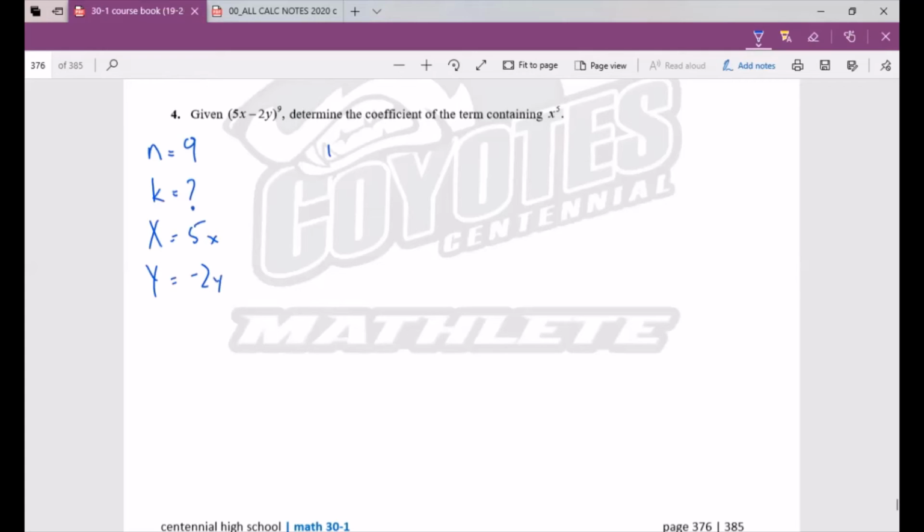If we start with our formula, T(k+1) is equal to nCk, X to the n minus k, Y to the k. N is 9, so this is 9Ck. We're going to leave it at that. X is now 5x.